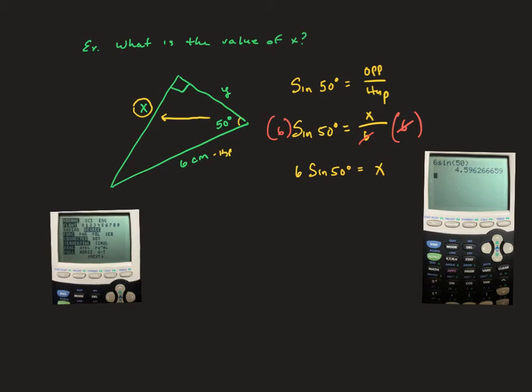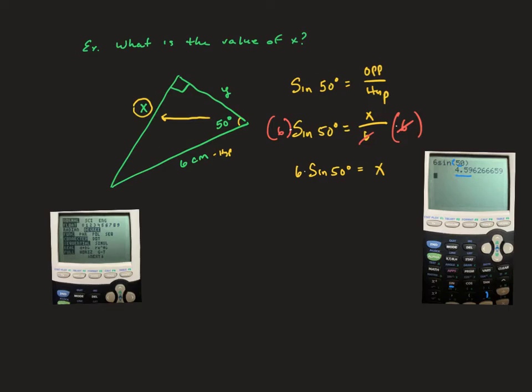Now, when we plug this into the calculator, remember we multiplied both sides by 6, so I have 6 times the sine of 50 degrees equals x. I hit 6 times sine, the first parenthesis appears, and then I typed in 50 for degrees, closed the parentheses, and hit enter, and I came up with this value.